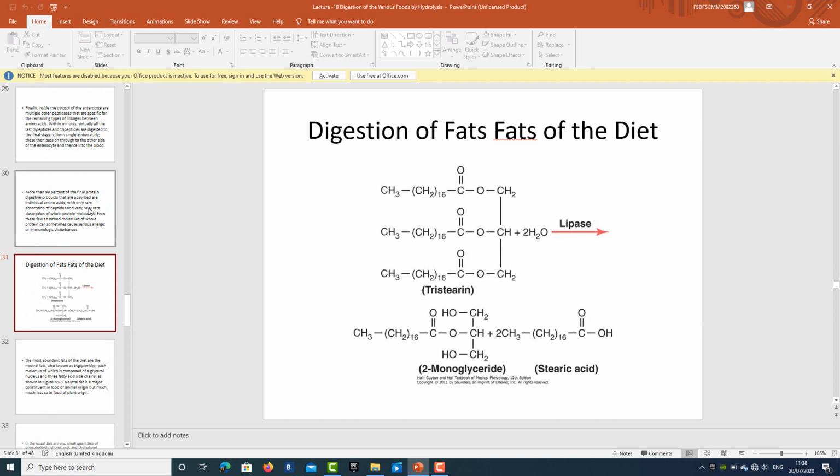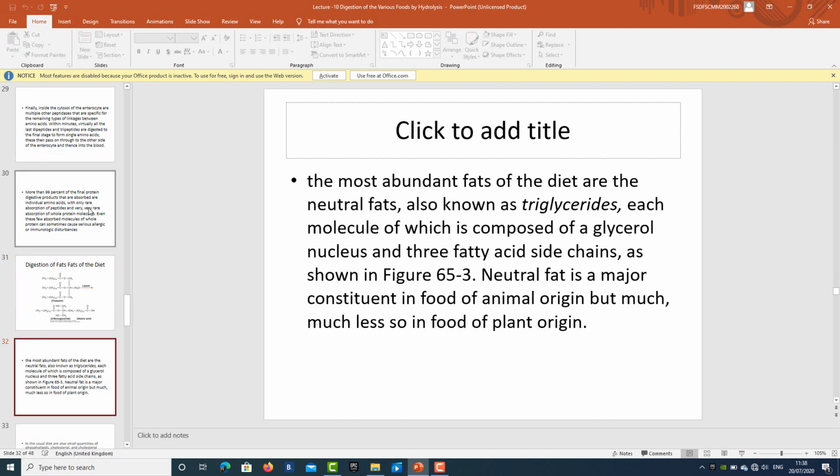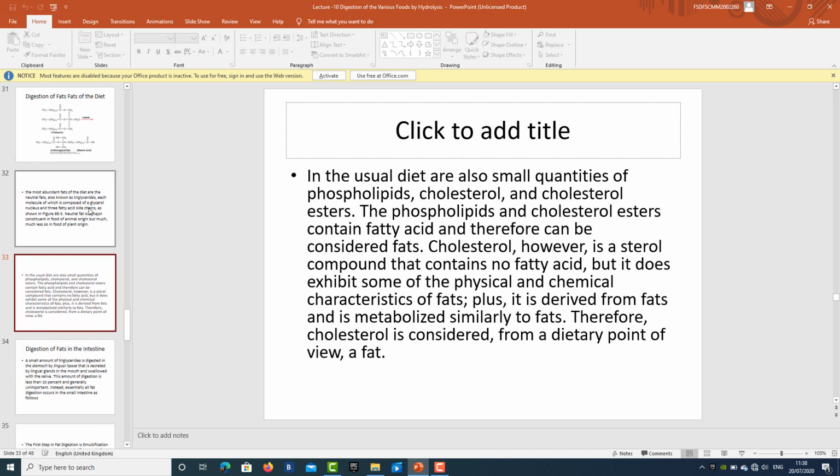C. The digestion of fats. The most abundant fats of the diet are the neutral fats, triglycerides. Each molecule is composed of a glycerol and 3 fatty acids. In the usual diet there are also some phospholipids and cholesterol. The phospholipids and cholesterol esters contain fatty acids and therefore can be considered fats.